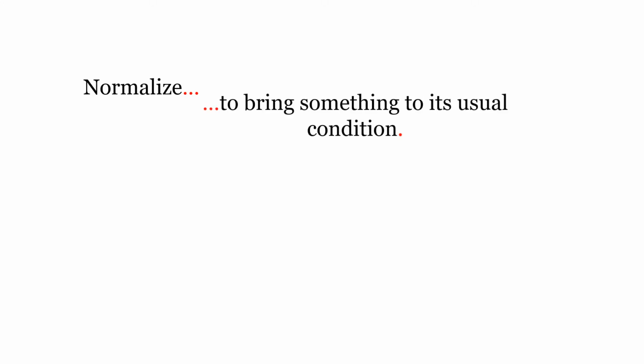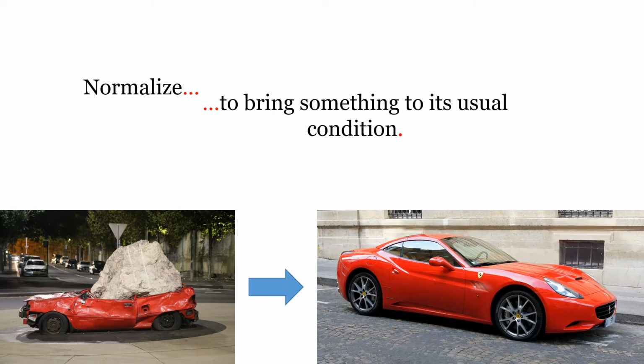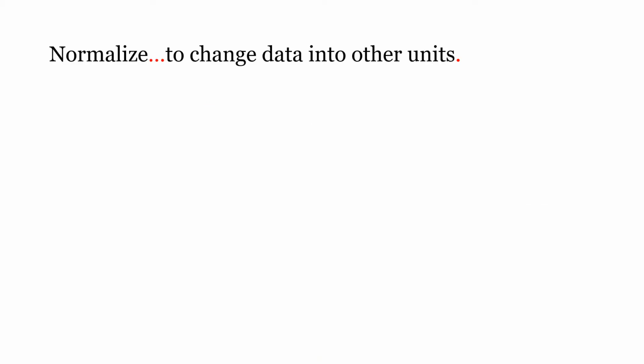Today, let's discuss how medical data is normalized. The word normalize can have many meanings depending on where it's used. The dictionary defines it as to bring something to its usual condition, which could mean returning this to this. In other situations, normalize can mean changing data from one test result into different units of measurement.